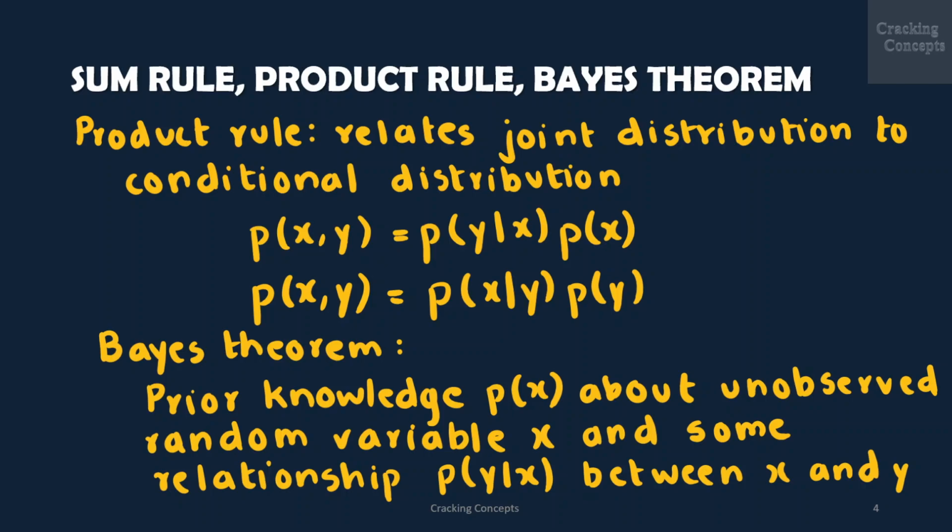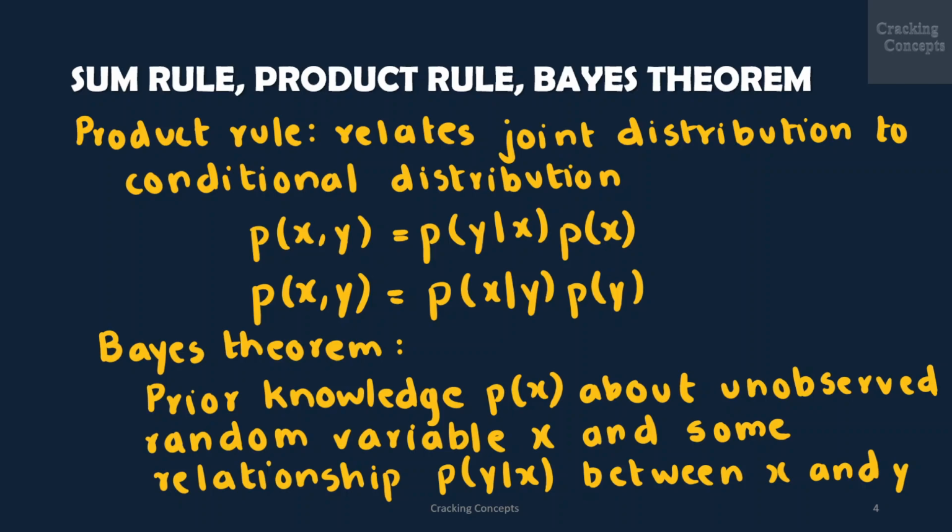The two factors are the marginal distribution of the first random variable p(x) and the conditional distribution of the second random variable given the first, which is p(y given x). Since the ordering of random variables is arbitrary in p(x, y), the product rule also implies p(x, y), which can be written as p(x given y) times p(y).